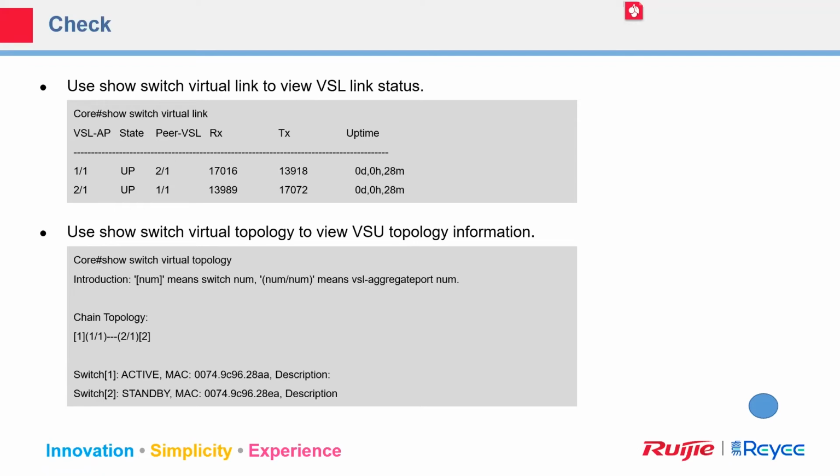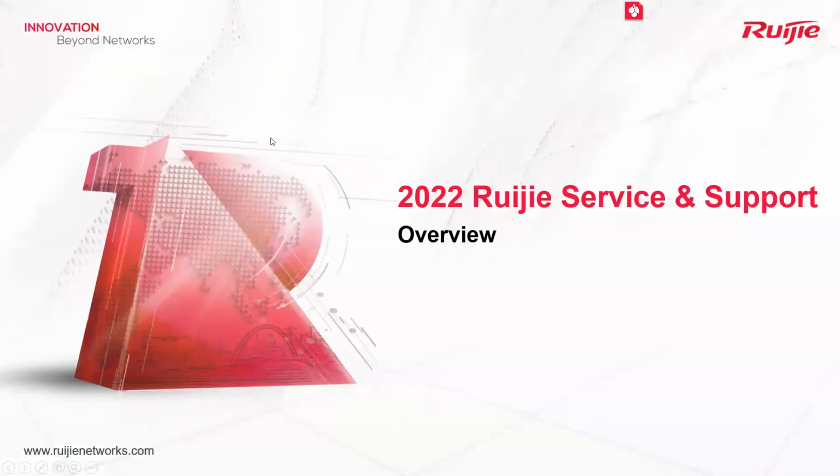Between the VSU and the other switch, we can use link aggregation to communicate, and then all the links can work. This is the advantage of the VSU. This is the first part of the technology, the main part of today. Later, maybe we can go faster through the service overview.